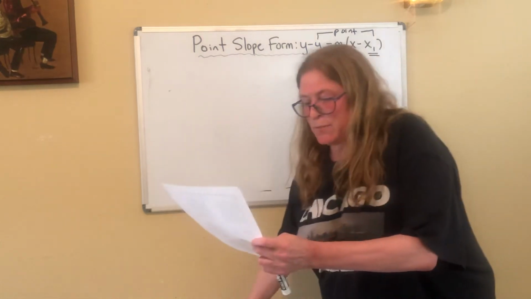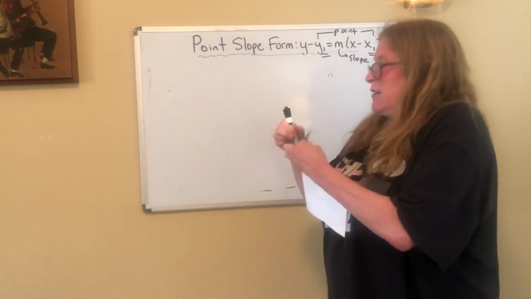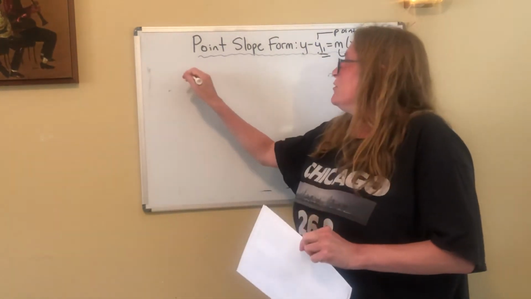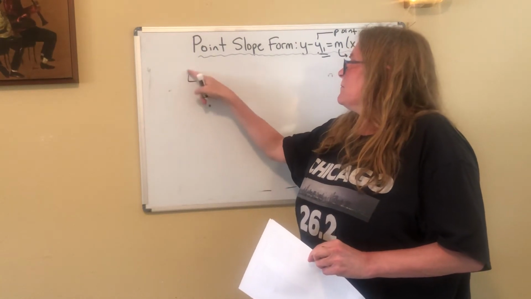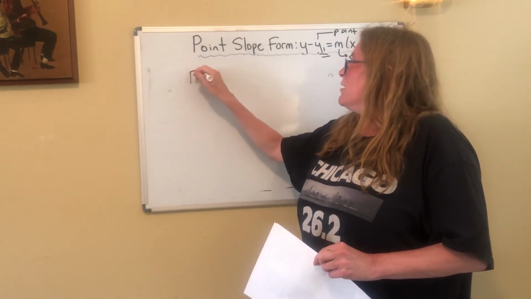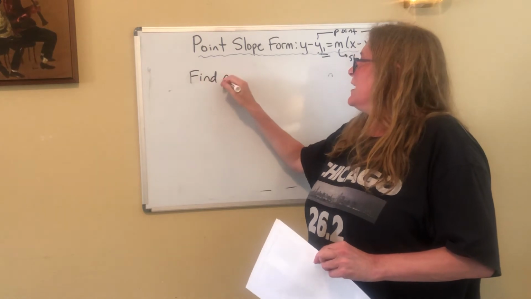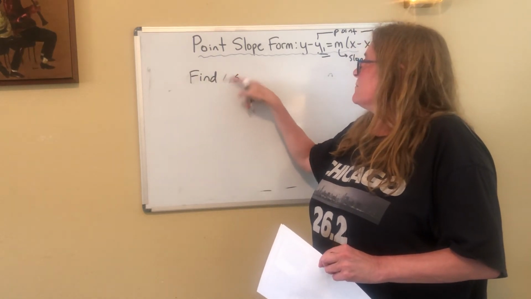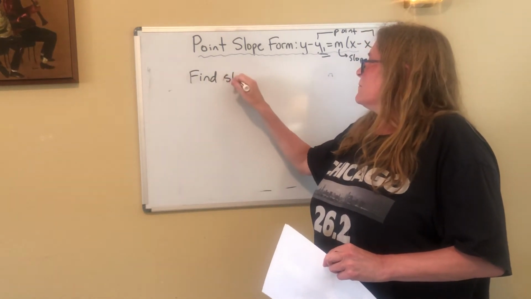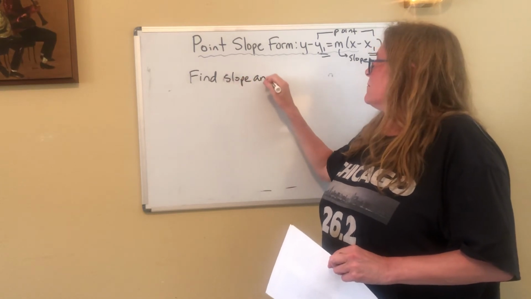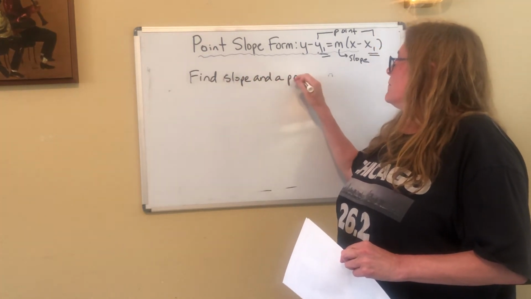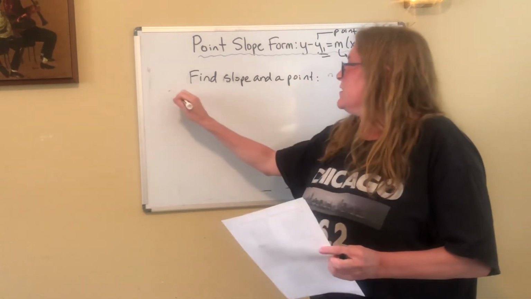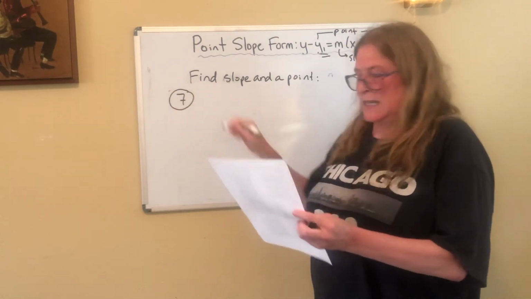Okay guys, problem number 7, they give you the equation and they ask you to find the slope and a point on the line. So problem number 7 looks like this.